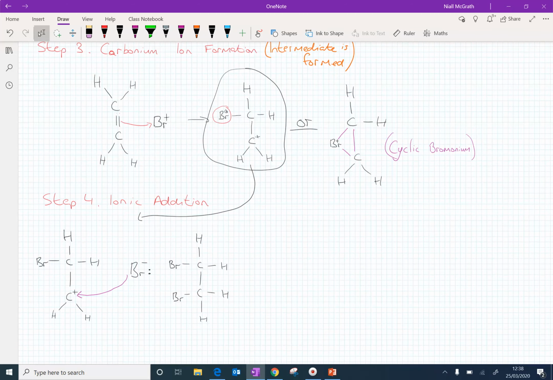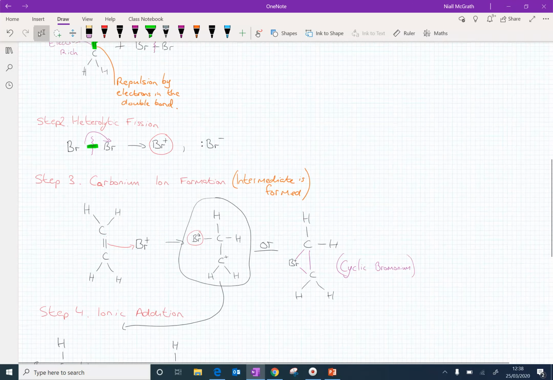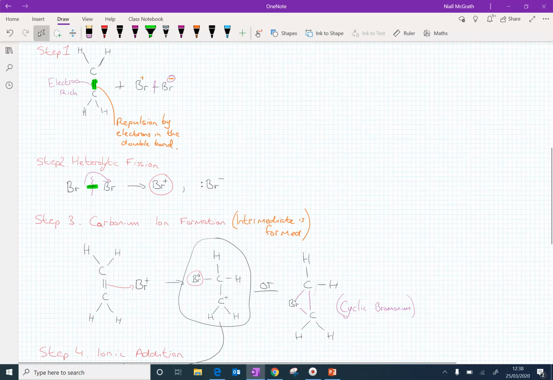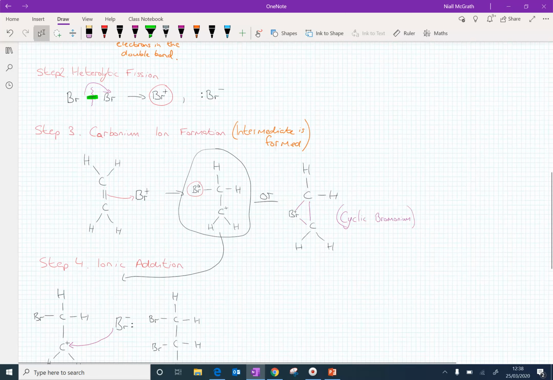You also have to know the mechanism for the addition of chlorine to ethene and for hydrogen chloride to ethene as well. The mechanism is the exact same as bromine.